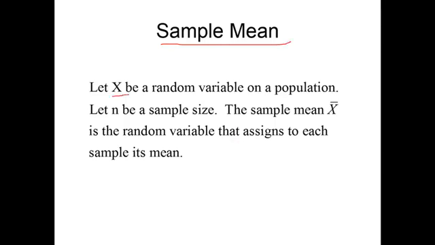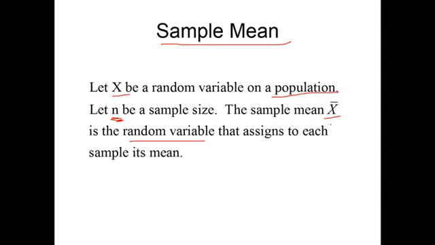We let x be a random variable on some population. You've got a population out there, and a random variable that assigns numbers to it. Then we decide to take a sample of size n from that. The sample mean, x bar, is the random variable that assigns to each sample its mean. Each of these populations is going to have a large number of samples of size n.